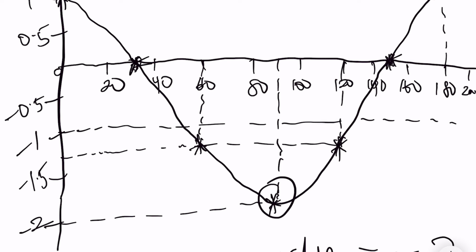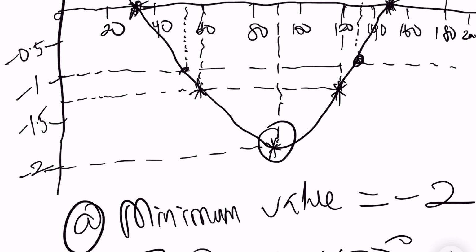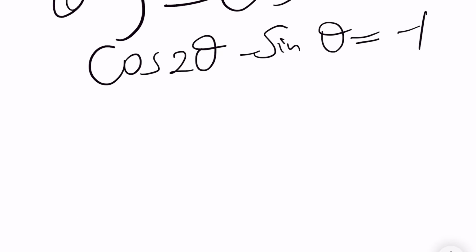So where y is minus 1, we have it to be this point and this point. So when we bring it upward here and we bring it to this side, when calculating it, we have it to be 52 degrees or 128 degrees.